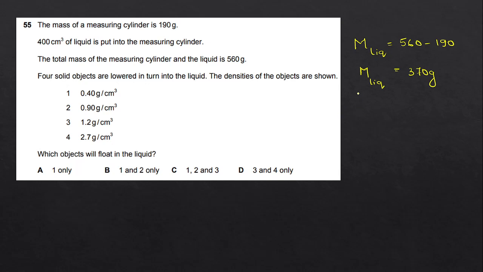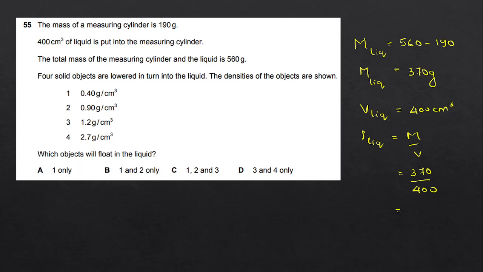Now let's figure out what's the volume. Volume of the liquid is already given to us in the question. It is 400 cm cube. So the density of liquid will be mass over volume, 370 over 400.